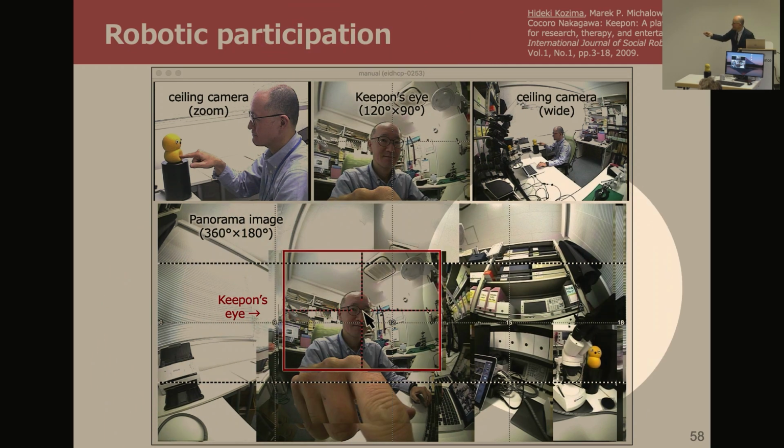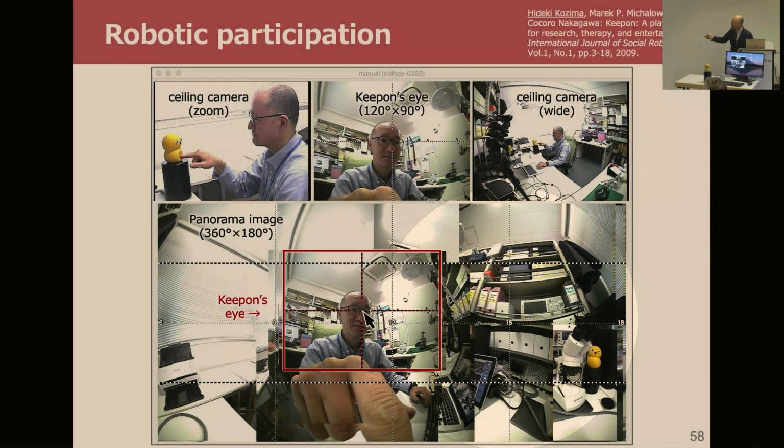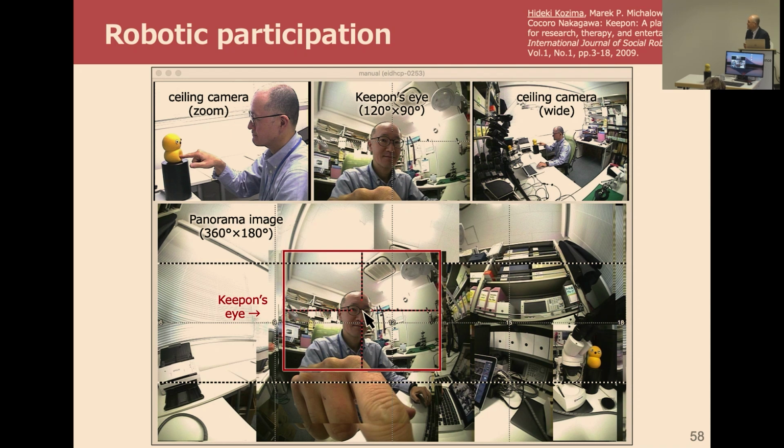But this one at the bottom is 360 degrees. It's really, really wide. Once you click on something, it turns to something out of the sight, out of the visual scene.